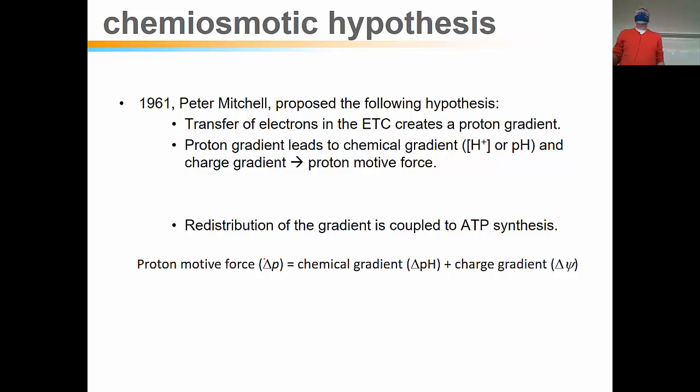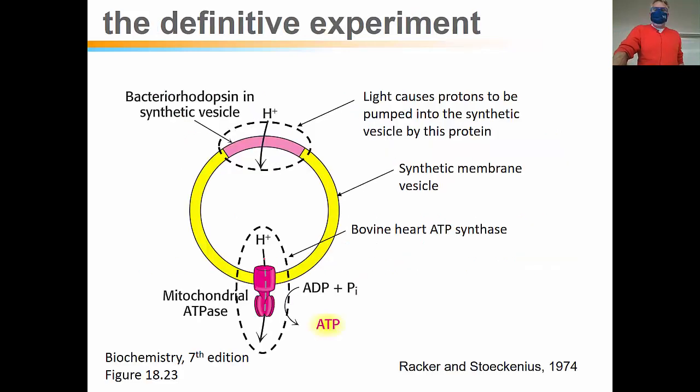So the idea behind this chemiosmotic hypothesis was that it's two components that are actually separate. We have an electron transport chain, and we have ATP synthase. And this was demonstrated in the mid-1970s by Racker and Stoeckenius. And this is a really beautiful experiment that they did.